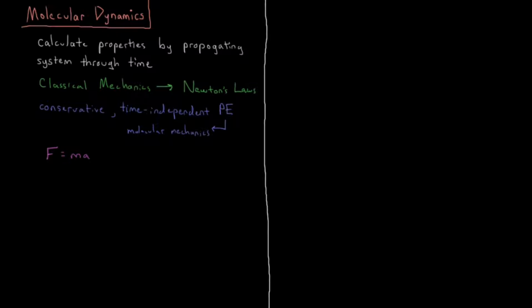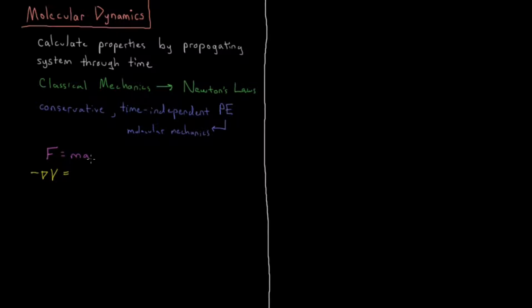Okay, so what does this mean for our various components? This means that the negative gradient of the energy function, so negative del V, which is our force, is going to be equal to mass times acceleration. Acceleration is the second derivative of the spatial coordinate with respect to time, so a equals d squared x dt squared.